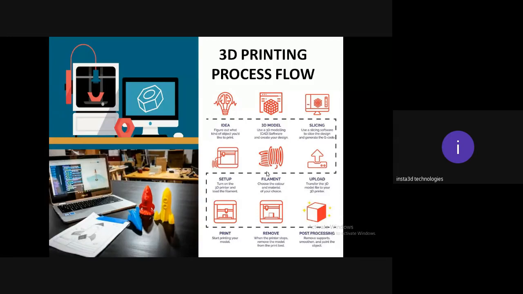This 3D model can be a CAD design, or it can be a scanned model. We can use scanners to take the data, as well as the computer aided design process. CAD means there are many design softwares available right now.